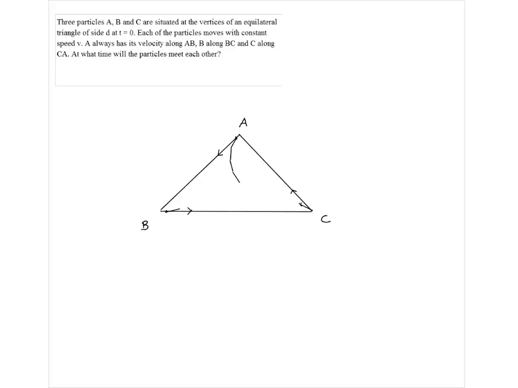But following the argument of symmetry, there is no reason why they should meet at any other point except the centroid of the triangle. I hope you are able to visualize this.